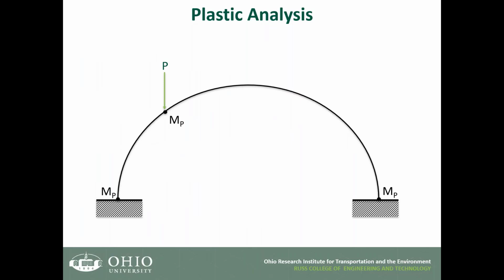Now the structure is determinate. You could solve it and get those values of MP. So it's straightforward, it's not that complicated. In many cases, if the load is distributed and you have several loads, then you do trial and error until you find the MP that will be the maximum moment the arch will experience. So I think that's basically the basic information you need for what Kevin will explain. And I thank you, Kevin.